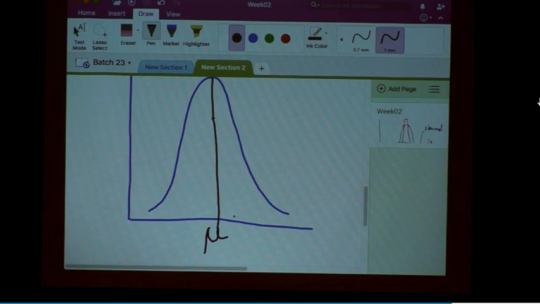Mu, Greek letter, so it is the population mean. But this is actually the mean of sample means. But at the same point, this is the population mean. Let's say I have a sample here, x1 bar.